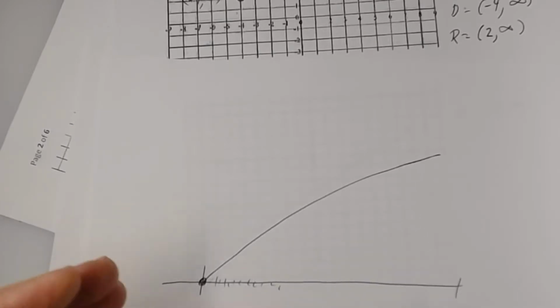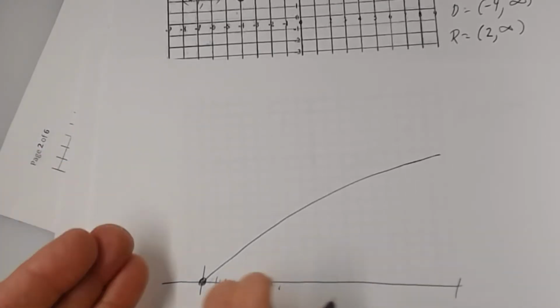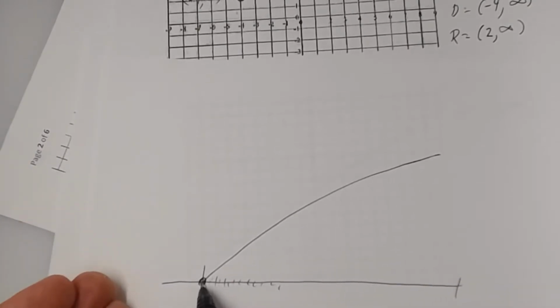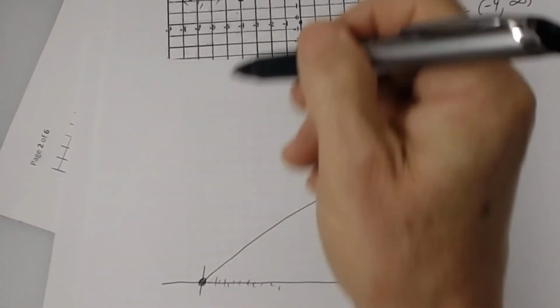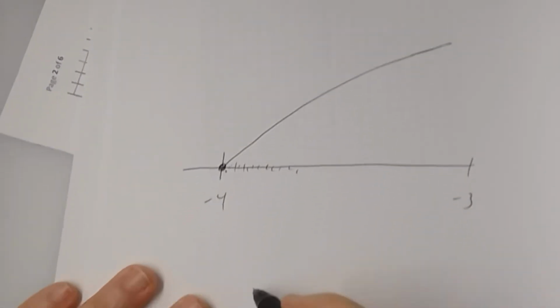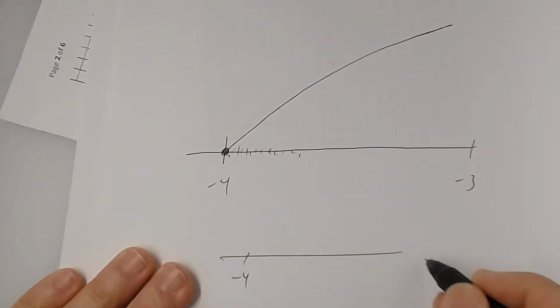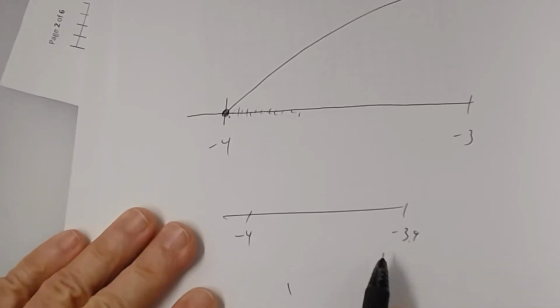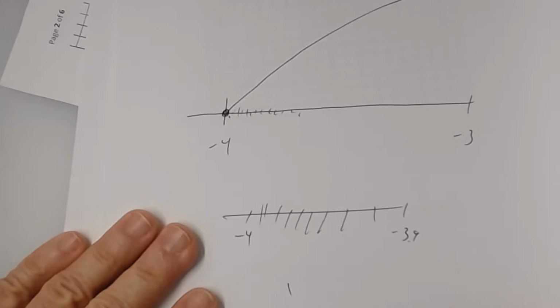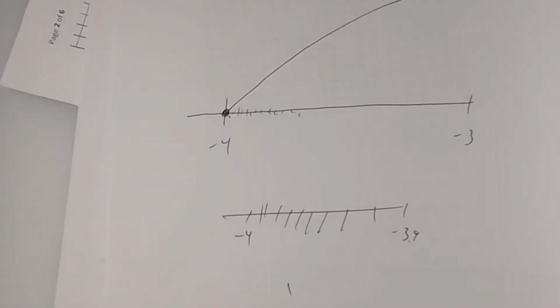Yeah, it's kind of like it's got to start somewhere. You can't just say it starts at -3.9, because it doesn't. There are some other numbers closer to -4. If I look at -4 and this is -3.9, do you still have some numbers in here? Yeah. So you got to look at it like that.